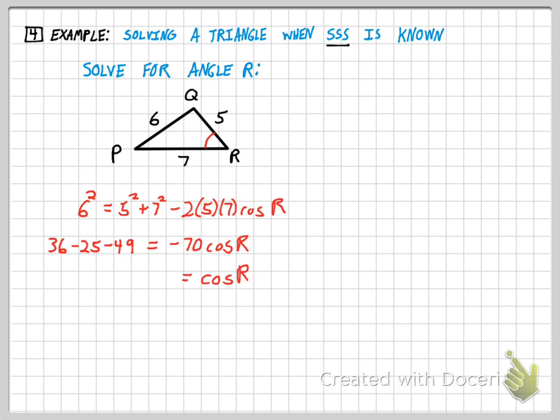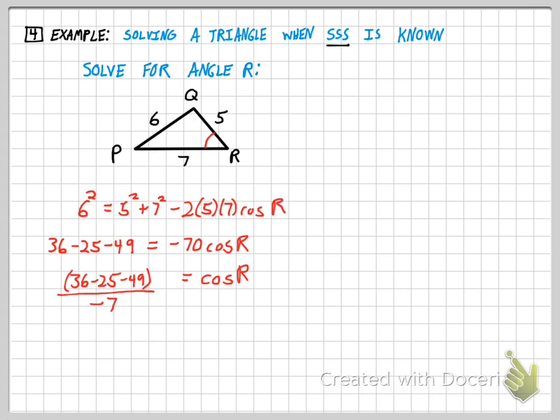And before I get my calculator out, I'm going to get the cosine of R all by itself. And so that's going to be 36 minus 25 minus 49. On my calculator, I want to put that in parentheses. And then I'm going to divide that whole thing by negative 70. Alright, now's the time to pull out your calculator. You're going to evaluate that expression. And cosine of R is going to be a decimal.